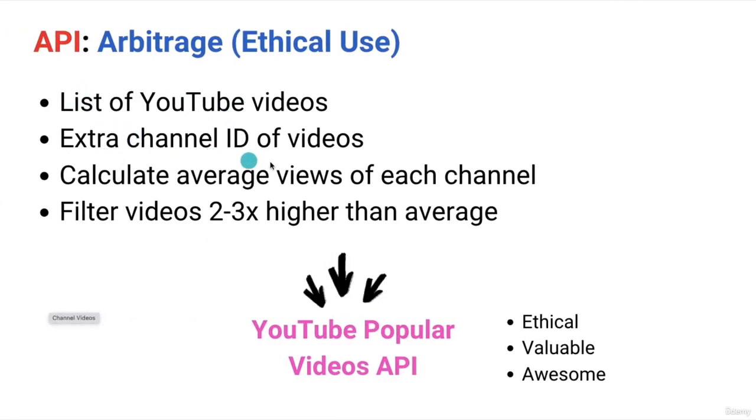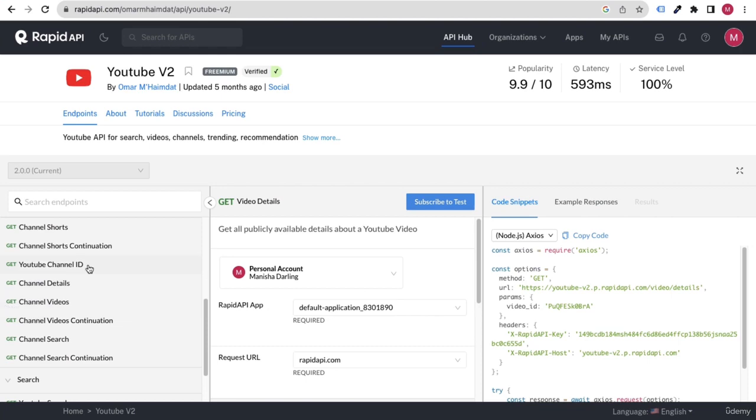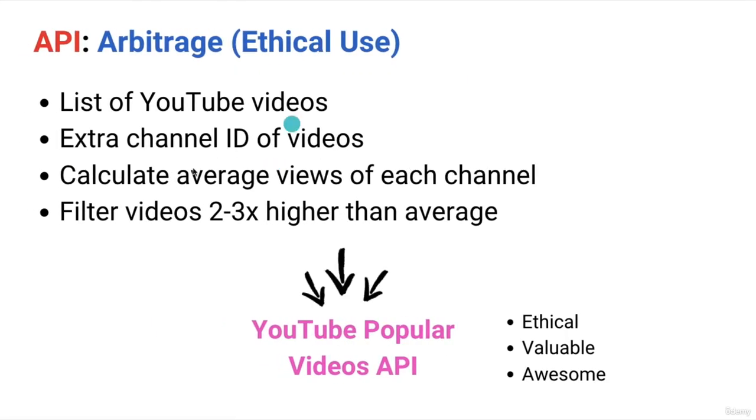We will extract the channel using this API key. Then we will also calculate the average views of each channel. Then we will filter for videos with 2x or 3x higher than the average views on that particular channel. In that way we will get that particular video, that means a very popular video from that channel.